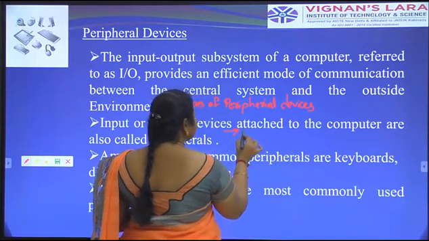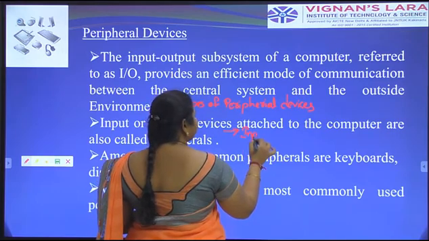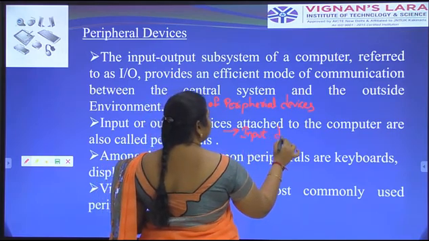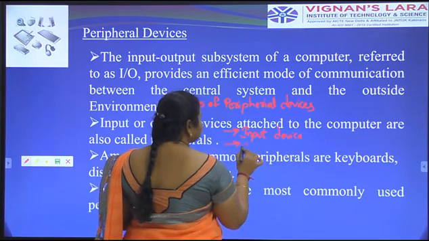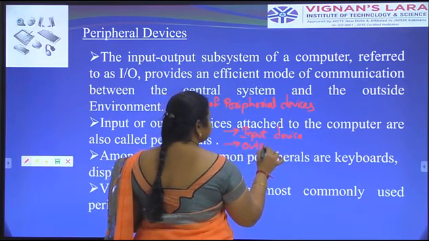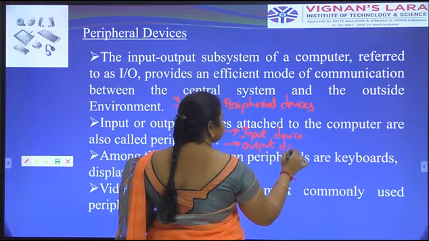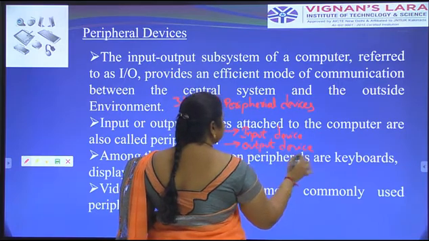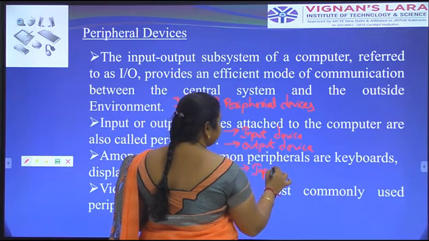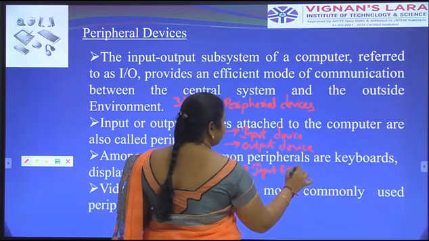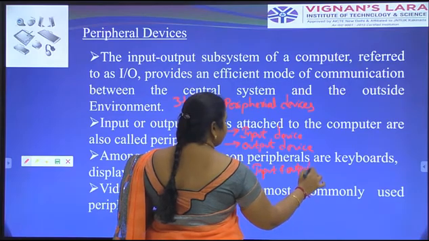One is input device. Second one is output device. Third one is input and output device.